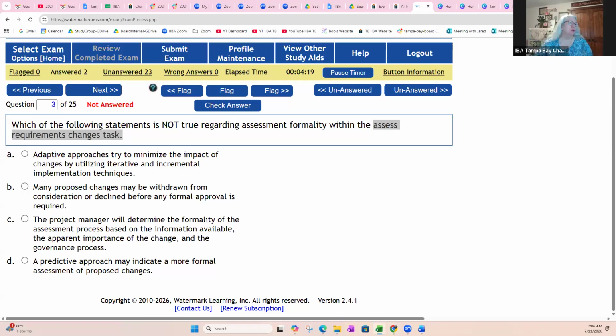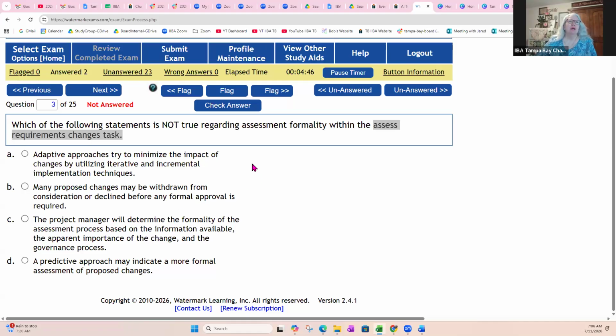The purpose of assess requirements change is to evaluate the implications of the proposed change to the requirements and designs. The change itself is a change to the requirements and designs. Someone's come in and said, okay, you've got 400 requirements and the designs that go with those, but we want to change this one thing. So we want to assess the requirements change.